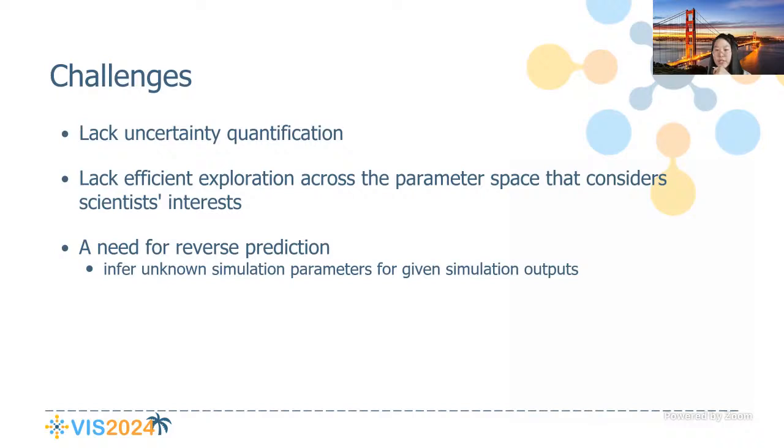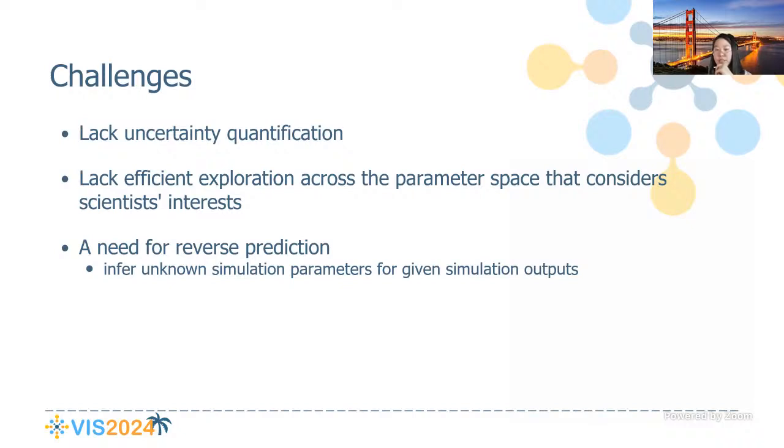The second challenge is the lack of efficient exploration across the parameter space that considers the scientist's interests. Nowadays, parameter space exploration based on heuristic or brute force approaches can be computationally intensive and inefficient.